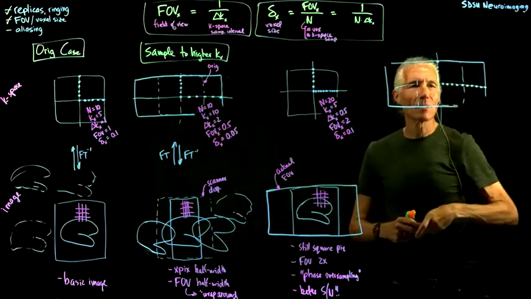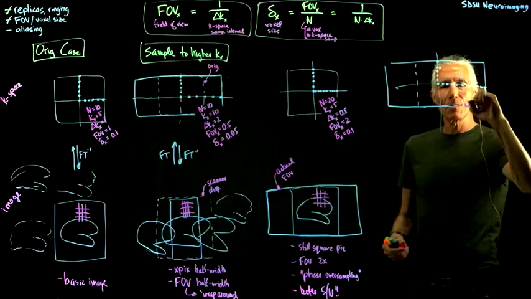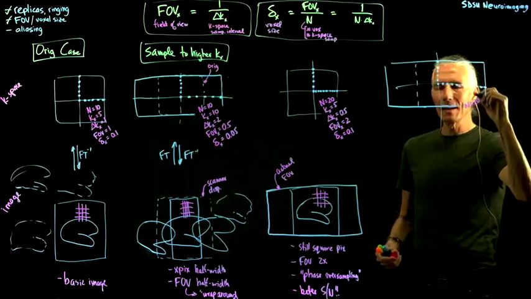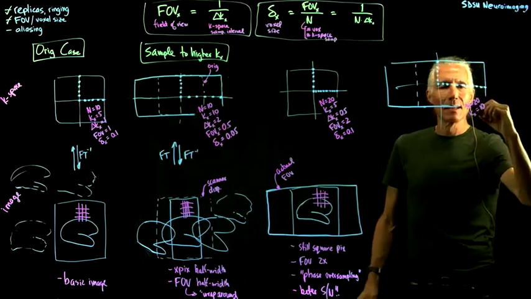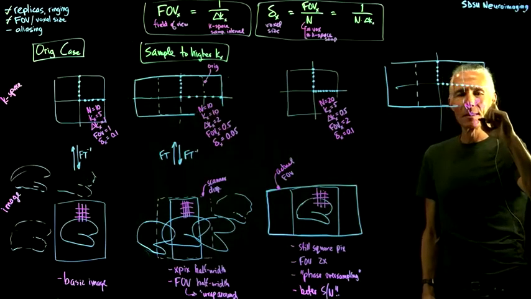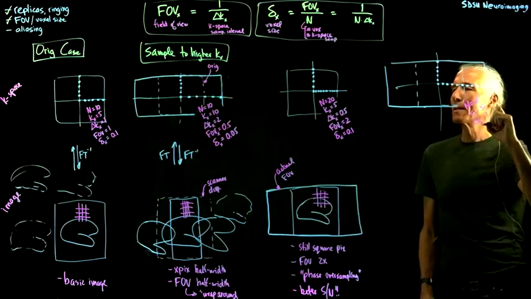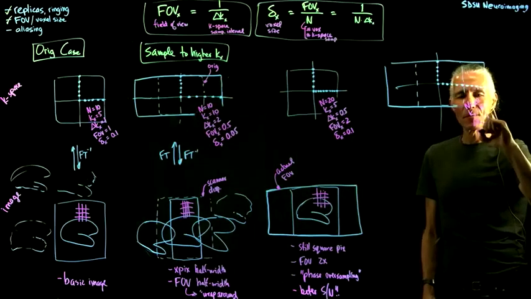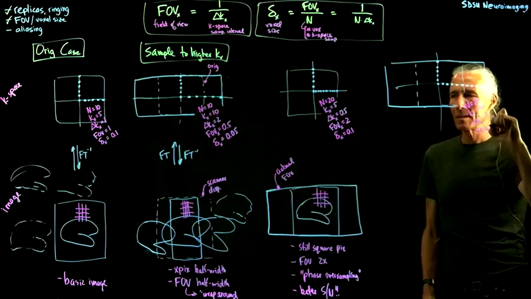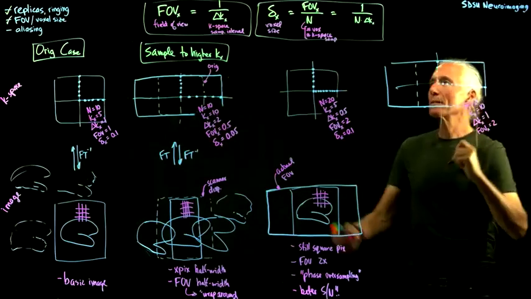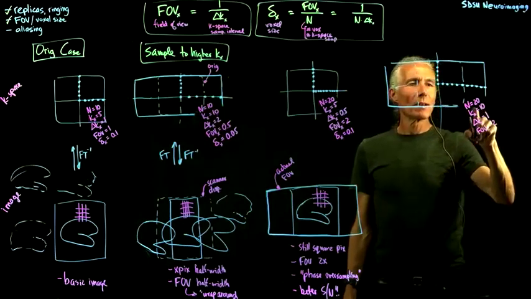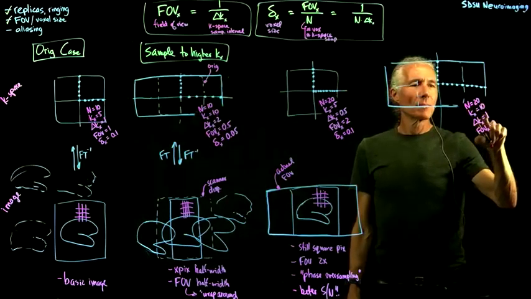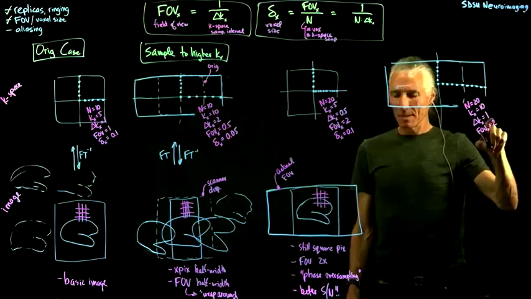So now we've got 20 samples instead of 10, and the kx now is going out to 10, and our sampling interval is 1 now, and so the field of view gets bigger because now it's 1 divided by... did I do that right?